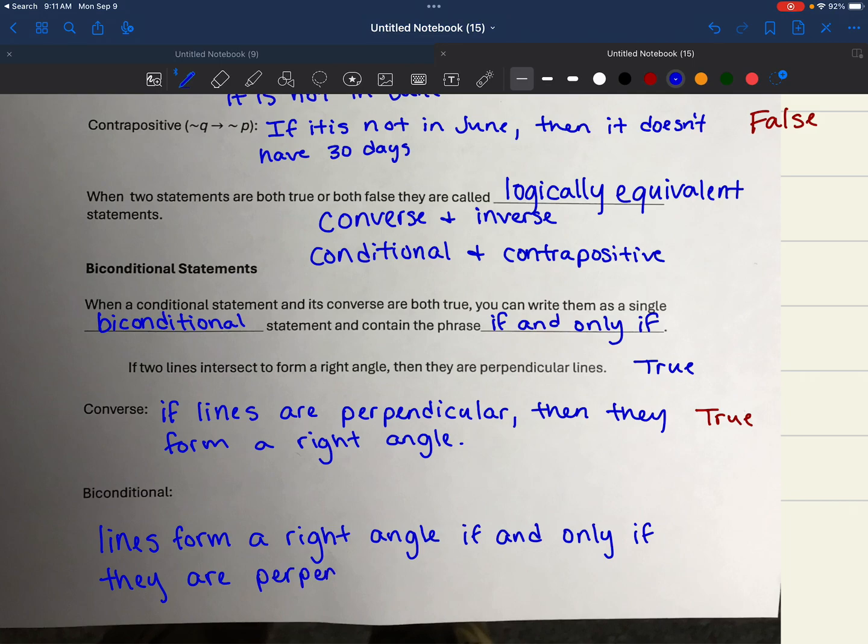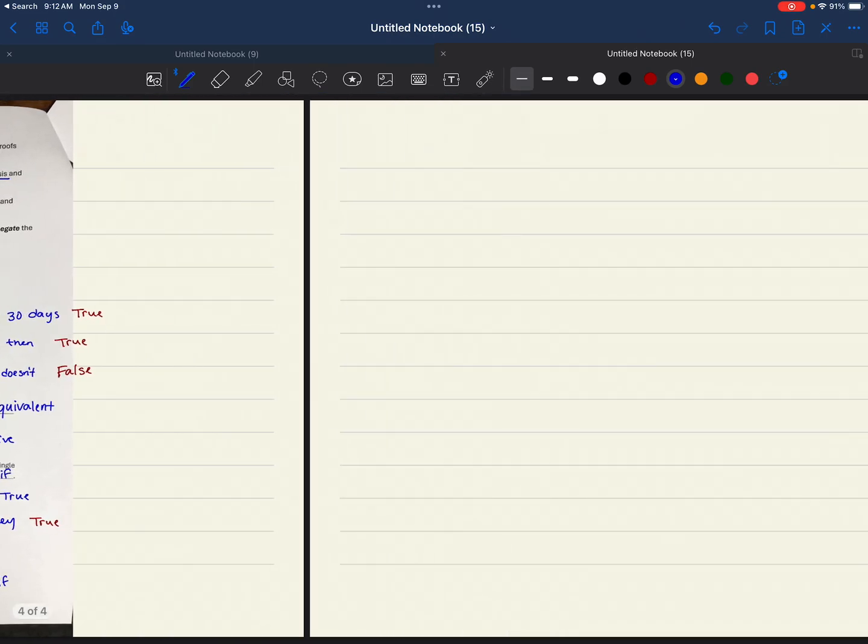They're perpendicular. Could you start the sentence off with if and only if? No. It'd have to be in the middle, because that's saying the first part is true if and only if the second part.